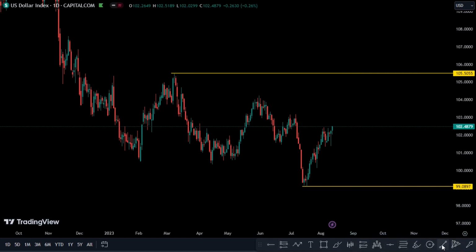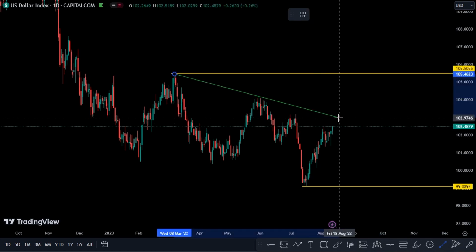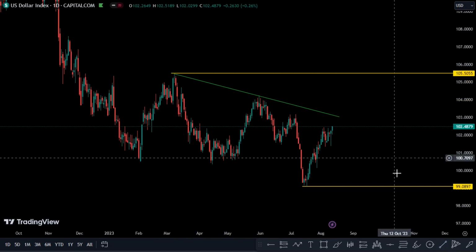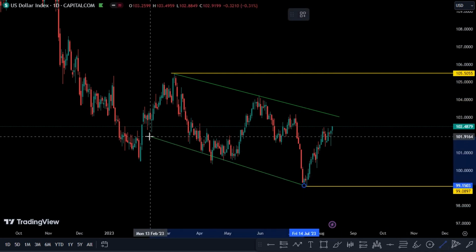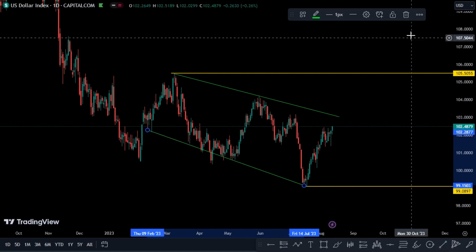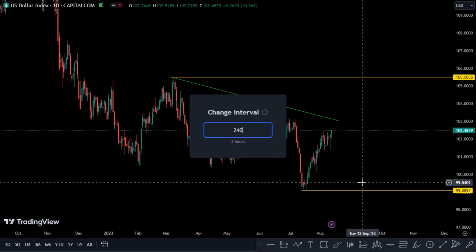That would be this structure right here, which is our diagonal resistance structure. This one is irrelevant for now. It's a historical structure.